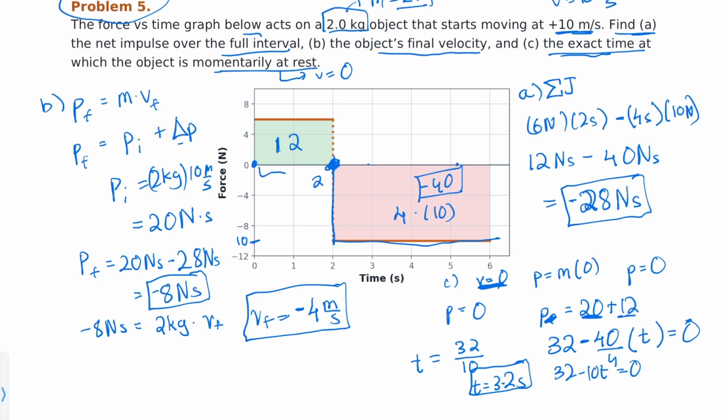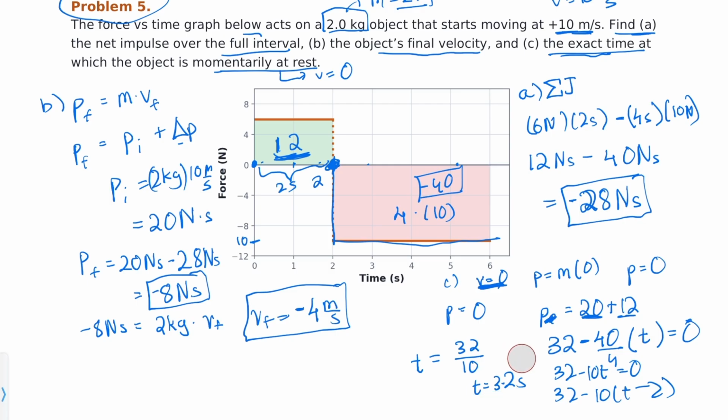So you have to add this 2 seconds that you skipped, that you deemed as 12. Or another way you could have done it is 32 minus 10 times t minus 2 to denote that you went 2 seconds above. And then you would have gotten 5.2 as your answer, which is what the answer is, right?